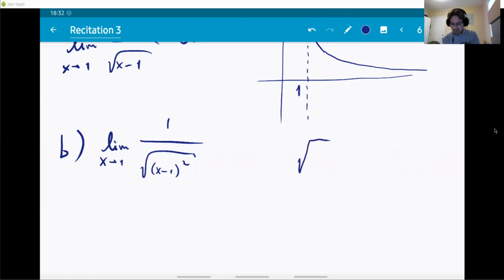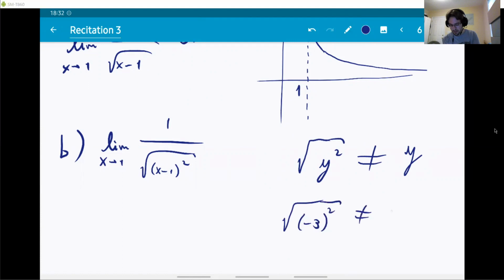The square root of a number squared is actually not always equal to that number. In general, for example, the square root of minus 3 squared is not minus 3. It's not like the square root and the square cancel. It's actually plus 3.